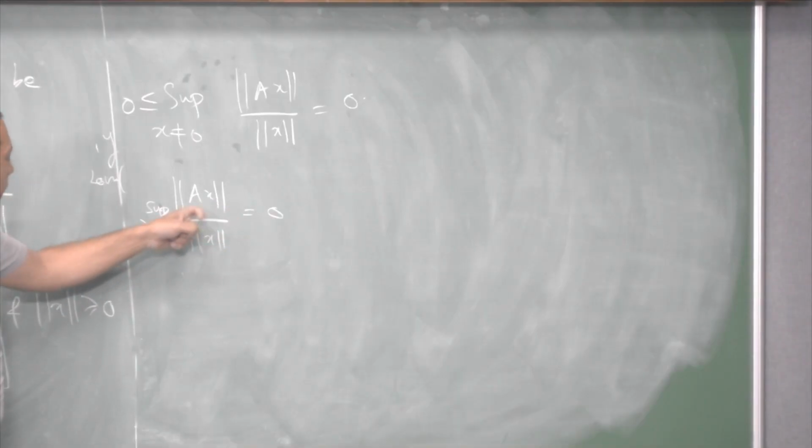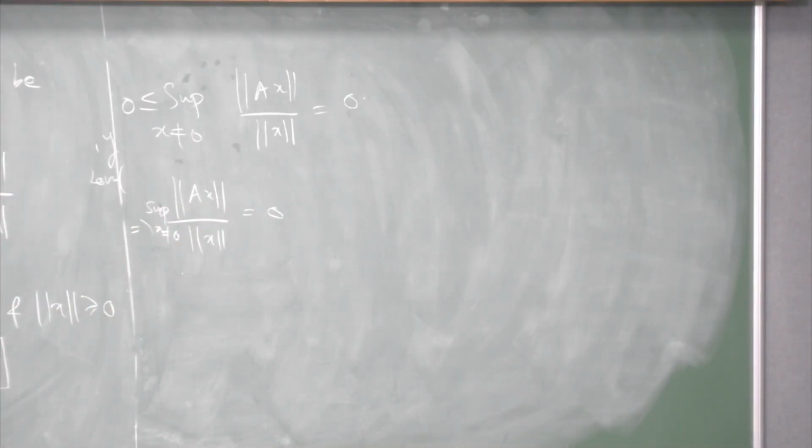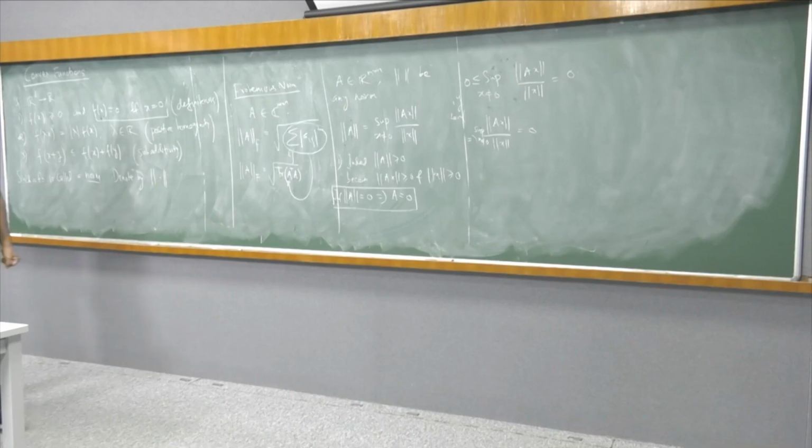From here onward we are supposed to prove that this should necessarily imply that it's true for all x. Like the supremum of a term that's always greater than or equal to 0 is 0, it implies every term is 0 for all x. So Ax is 0 for all x.